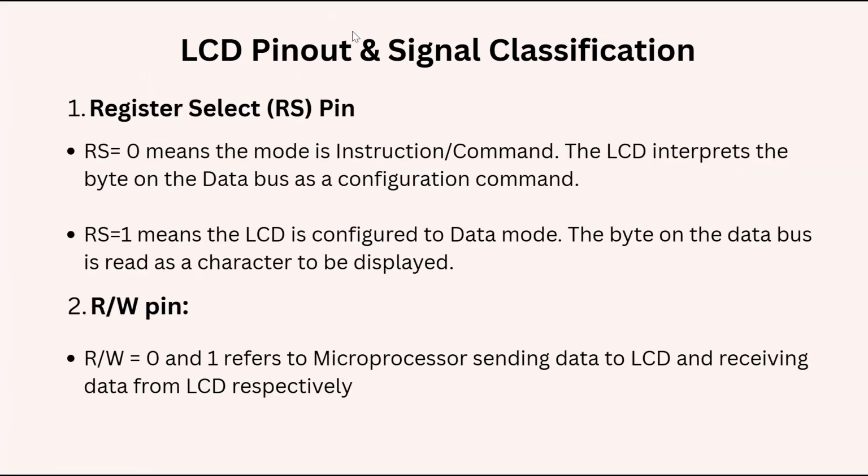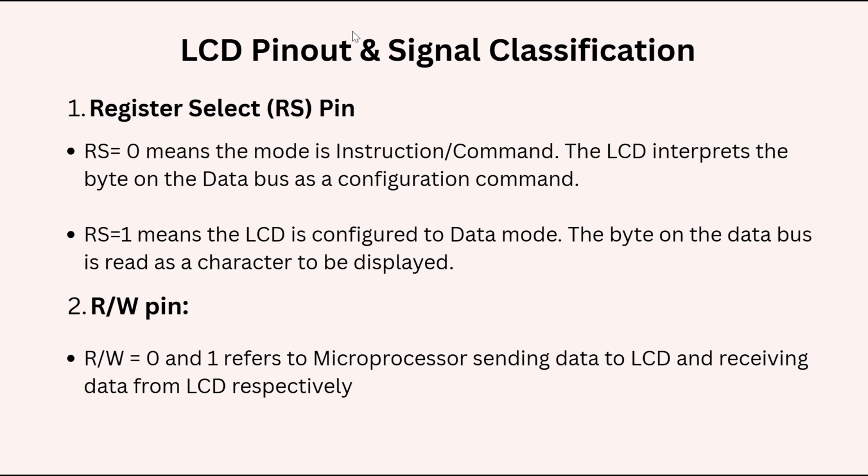Now let's look at the pinout and signal classification, and in this section I'll be explaining what the RS and R/W pins mean. The register select pin tells the LCD whether to recognize something as an instruction or as a character to be displayed. When RS is equal to 0, the LCD is in instruction mode. The byte on the data bus is treated as a configuration command.